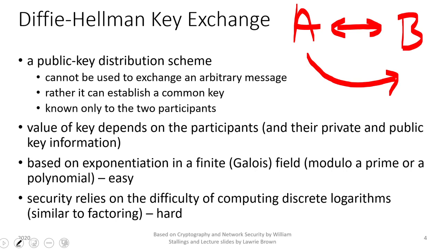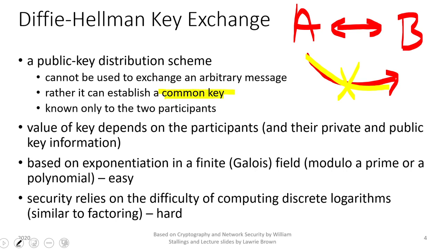With this Diffie-Hellman key exchange, what we are trying to do is have a shared key, but we will not actually exchange messages, because exchanging messages cannot be secure. What we would do is establish a common key.